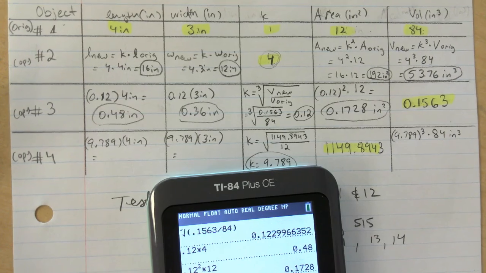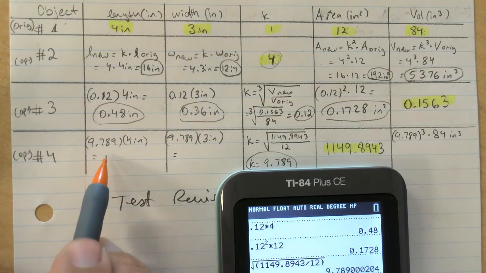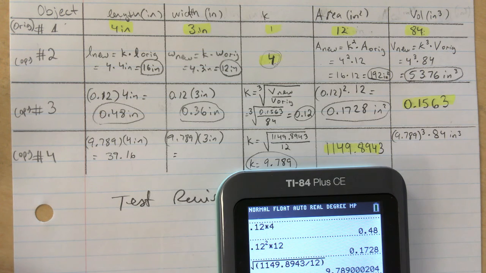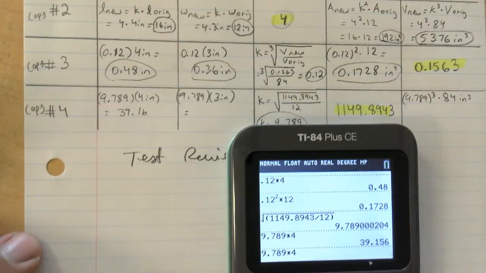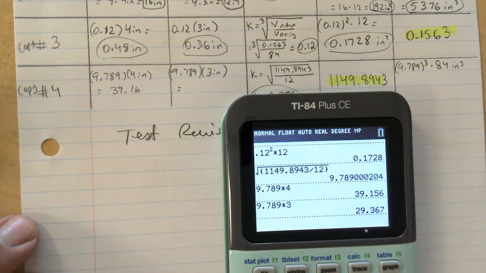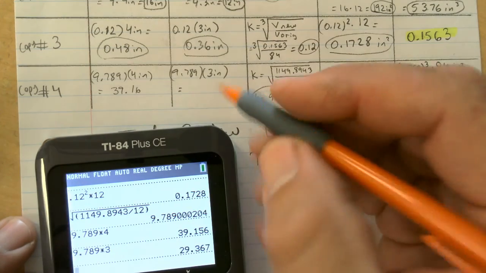9.789 times 4. So that's 39.16. And I'll just copy that one and just change it to a 3. That's 29.37.